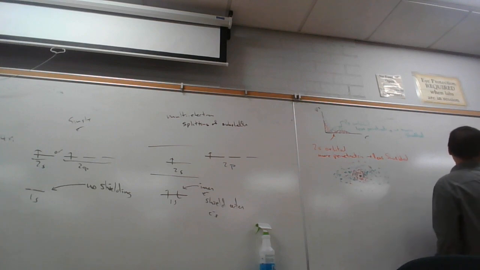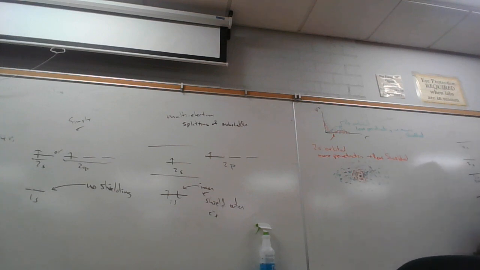Then we have the 3s, and the 3p are slightly higher in energy. But then we have to jump up to the next shell for the 4s, and then the 3d, followed by the 4p, which is here. You should know this up to the 4th period or the 4th shell.